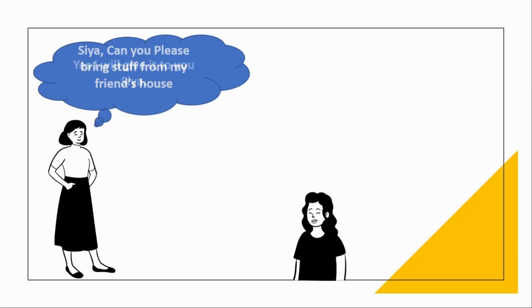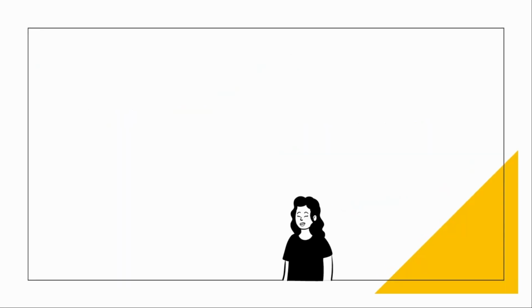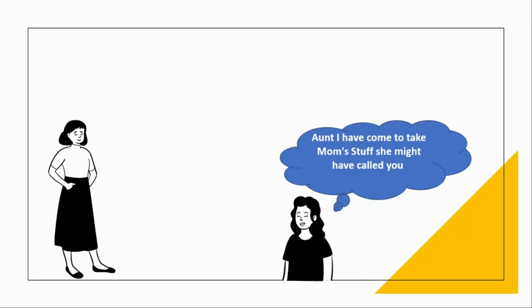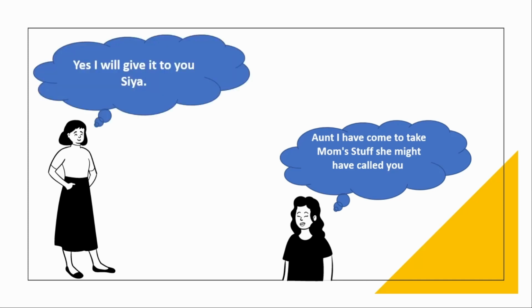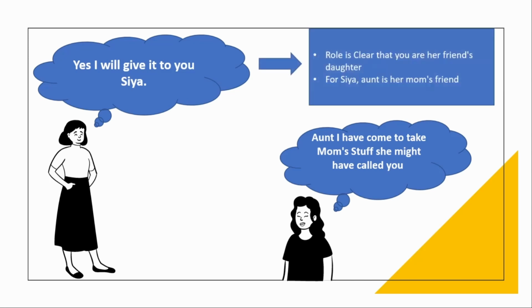And then she goes to her aunt and says, Aunt, I have come to take mom's stuff. She might have called you. So that aunt says, yes, I will give it to you, Sia. So now the role is very clear here. For this lady, this person is her friend's daughter. And for Sia, this person is her aunt, her mom's friend. That's the reason they can communicate with each other.